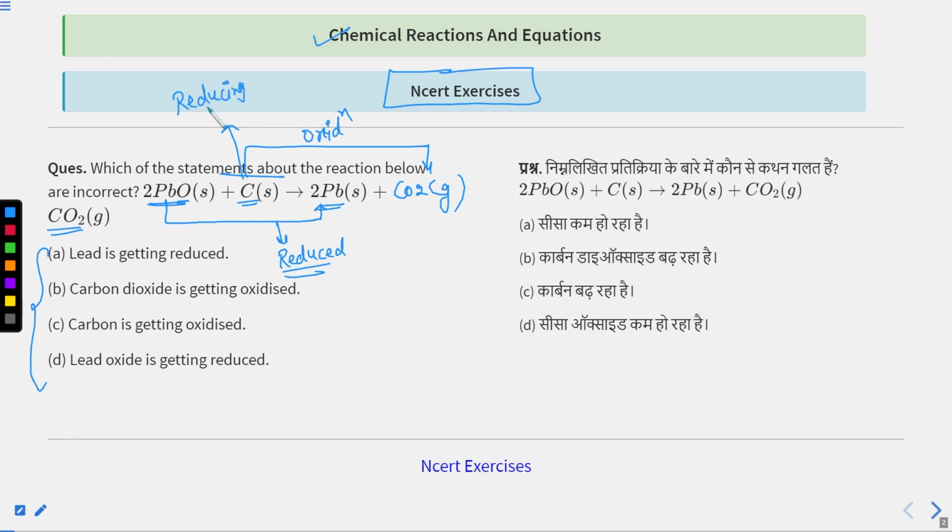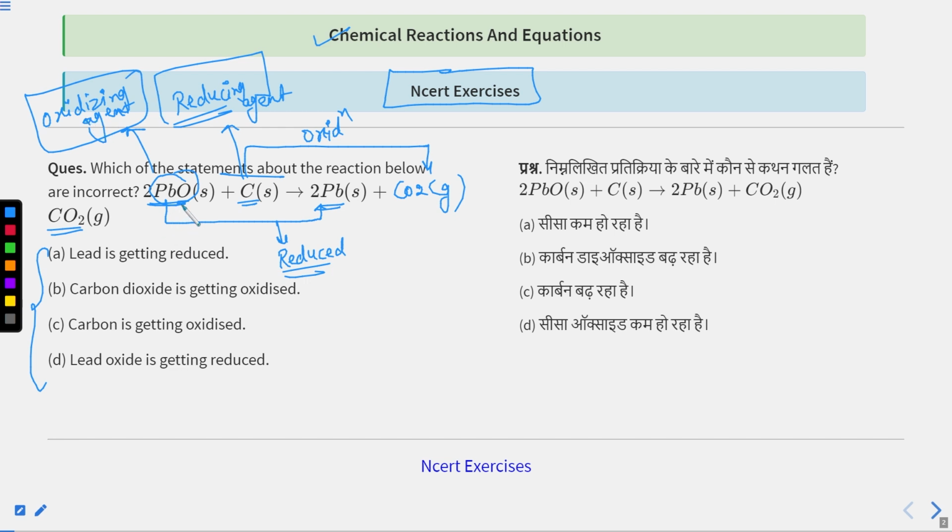The species, the atom, the element which undergoes oxidation will act as a reducing agent, and the compound or element which is undergoing reduction will act as an oxidizing agent. This is the main point.